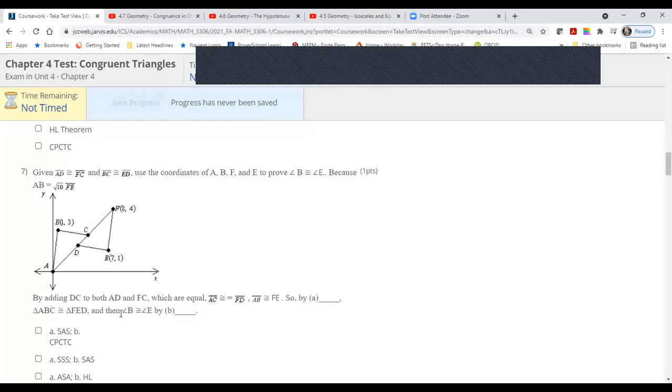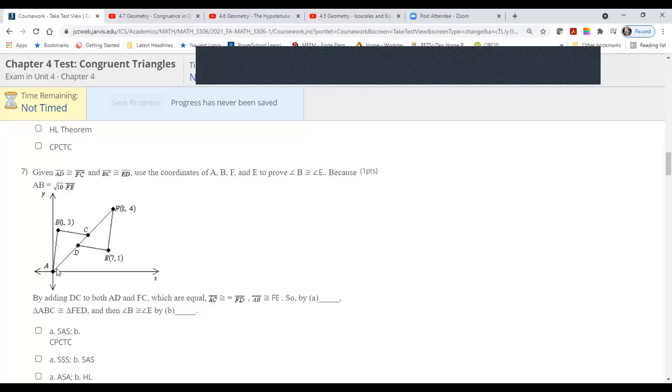So we have BC congruent with ED, and then AC congruent with FD, right?